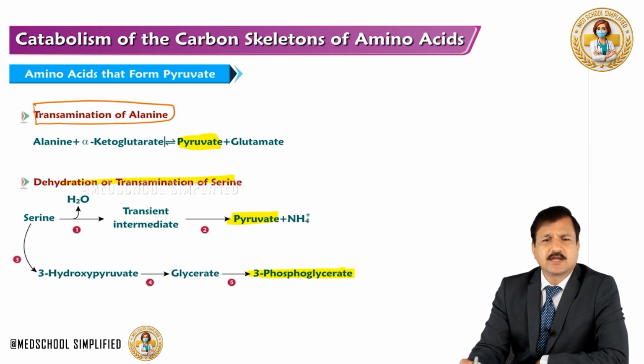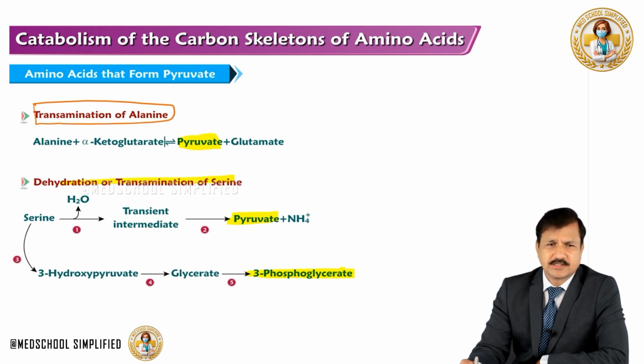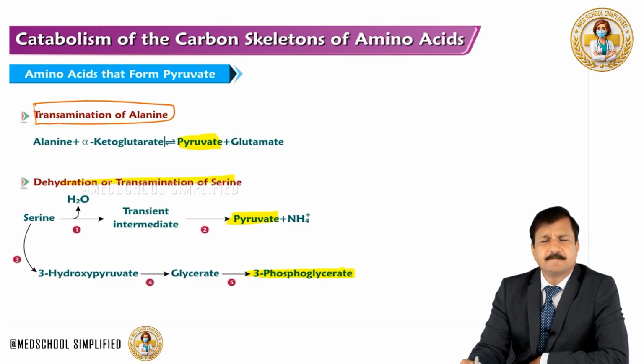So serine is glucogenic because it will make pyruvate, and also a glycolytic intermediate, 3-phosphoglycerate, which can be reversed all the way to glucose in gluconeogenesis. That's how serine makes pyruvate, and that's how serine is a glucogenic amino acid.